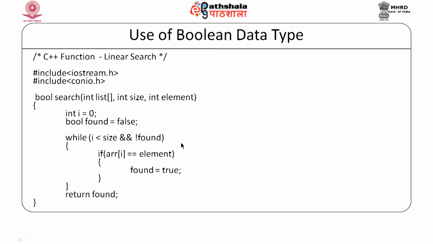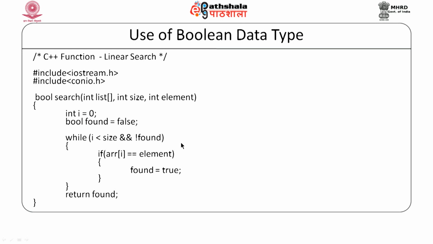This is actually a function which takes a list and an element and tries to search whether this element is present in the list or not. In this case we need to compare this element with elements in the list. So, we will compare this with all elements starting from the first element till the end. So, a while loop needs to run from 0 to n, but if we find the element in between, we must stop that particular process.